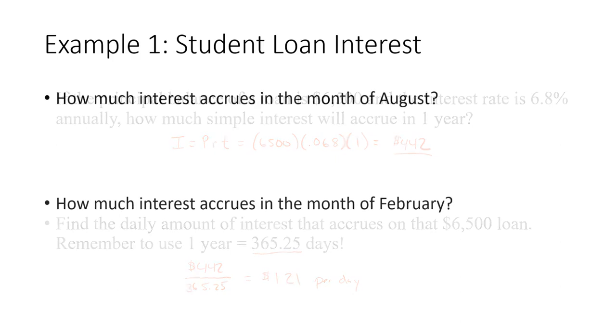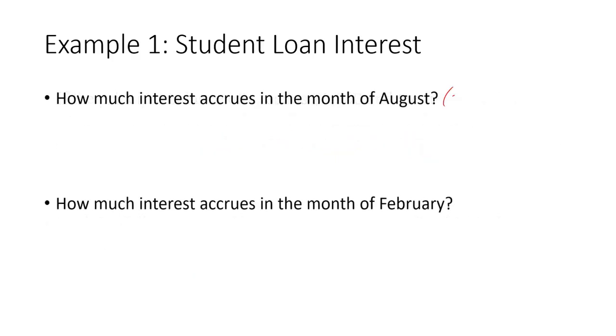So how much interest would accrue in the month of August? Well, the month of August has 31 days. And so if we have to pay $1.21 per day times 31 days, the amount of interest that would accrue in August, $37.51. February only has 28 days.